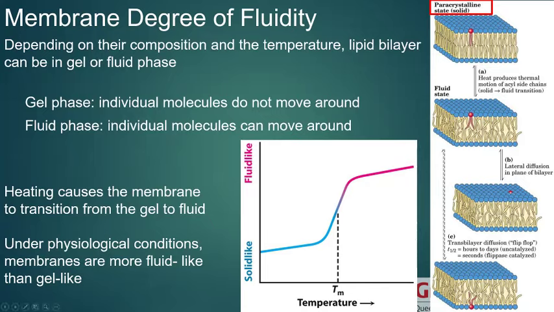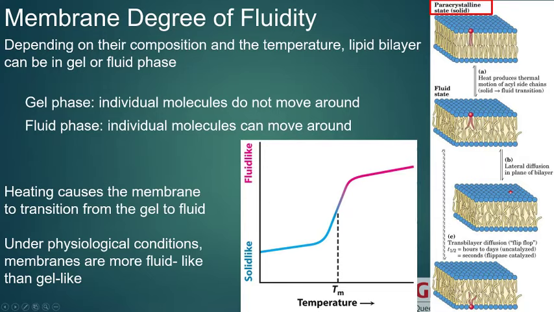So this is what I was describing earlier when I was discussing the degree of saturation of our fatty acids that are seen with our lipid bilayer. So we can see with our lipid bilayer when it's in this paracrystalline state that these fatty acid tails are very rigid. We're seeing them very close together with surrounding phospholipids. Lots of these secondary non-covalent interactions going on here, supporting it, very rigid.